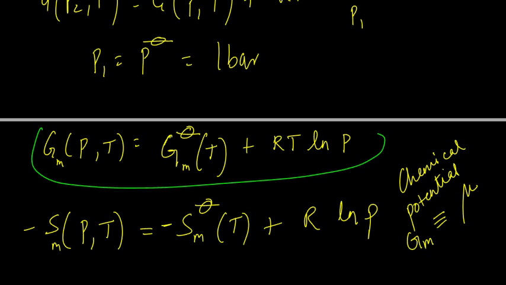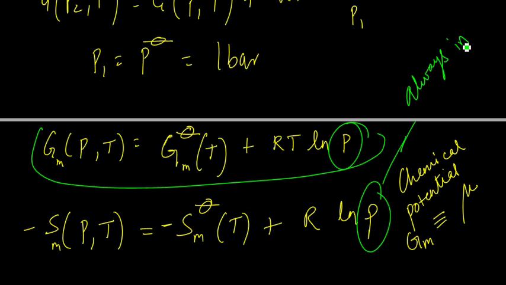Remember this P is always in bar, always. Now, since you brought up that question, a quantity that is an argument of a log cannot have any units.